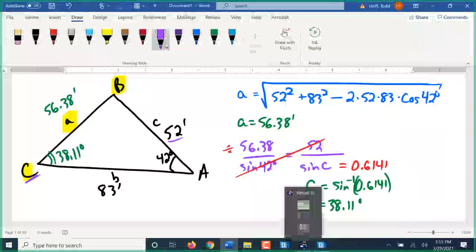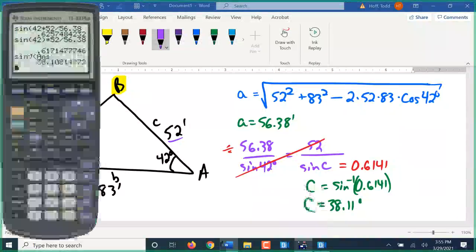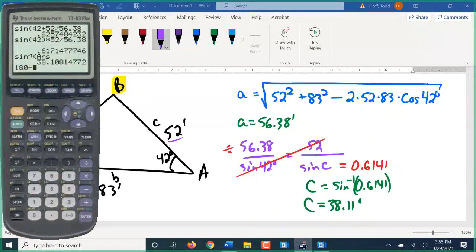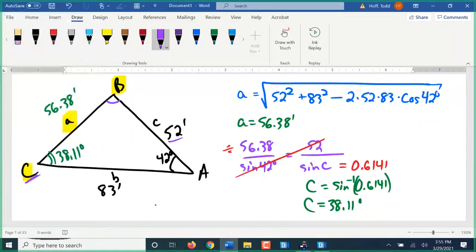From that, I'm just going to go ahead and do it the short way. 180 minus 38.11 minus 42, 99.89 degrees. Once again, B is obtuse.